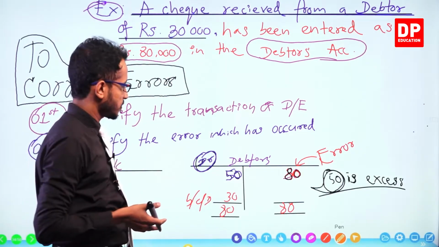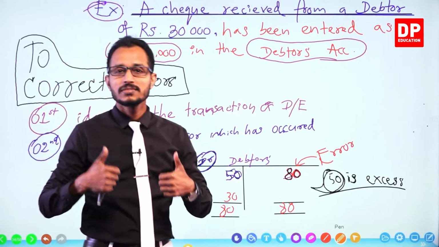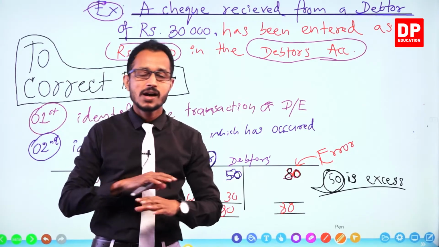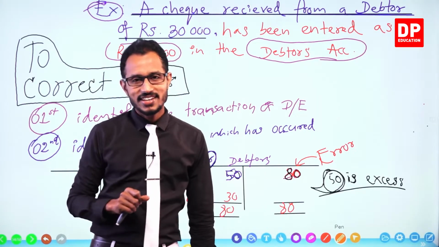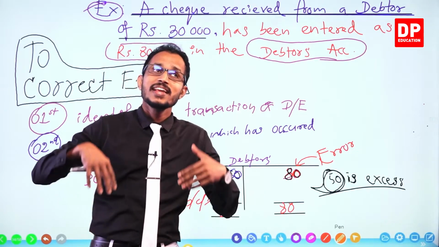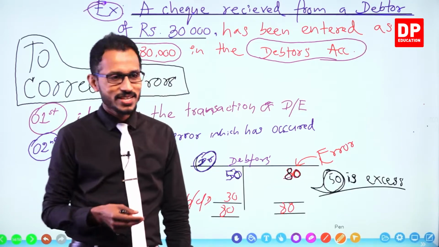Now you corrected it. Okay, I hope you got it. This is as much explanation as you need to understand this type of error. I can't explain it anymore. You get what I'm saying, right?